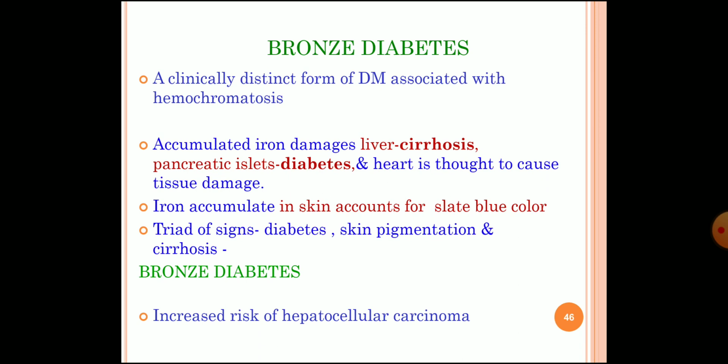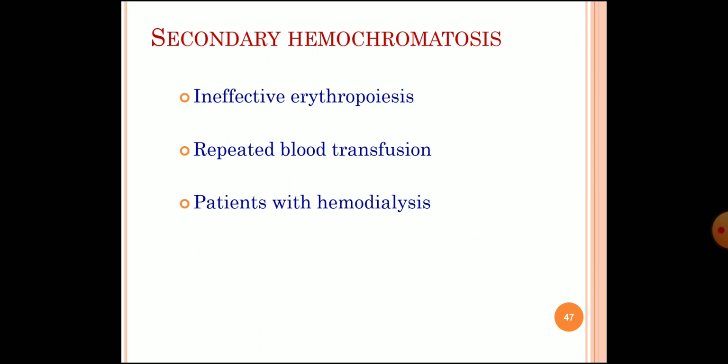It has an increased risk for hepatocellular carcinoma. If bronze diabetes is there, it may go on to hepatocellular carcinoma in the later stage. The secondary hemochromatosis is due to ineffective erythropoiesis, repeated blood transfusion, and patients on hemodialysis.